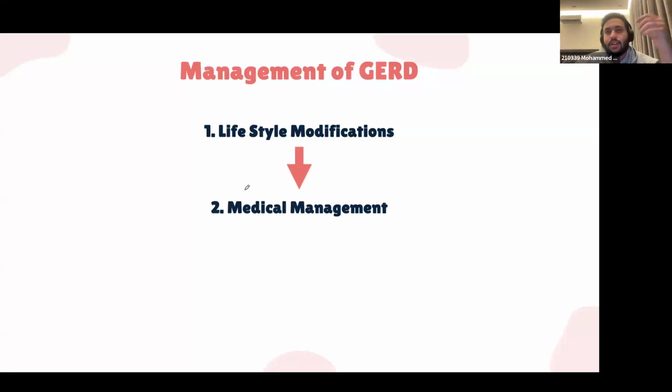It didn't work. What do you do next, guys? If it did not work and they still have GERD, what do you do? Exactly. You give them PPIs. Okay, medical management, which is usually with PPIs. They come back to you 2 months later. You try a trial of PPIs with them, it didn't really work. They still complain. You give them more, still complain. Then what do you do?